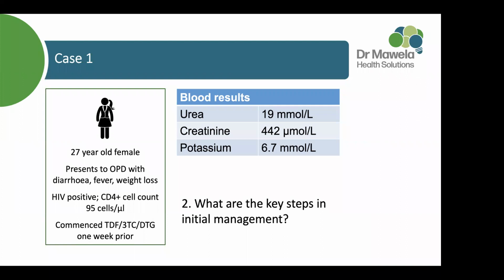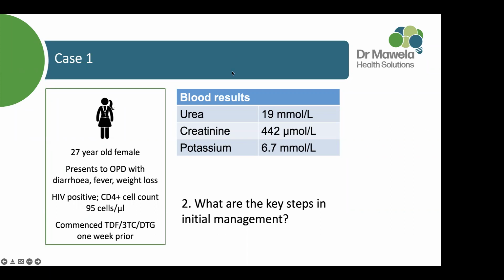So looking at our patient here, we'll still discuss the issue of acute or chronic shortly. If you see a patient like this presenting with diarrhea, she recently started ARVs, her urea is 19, her creatinine is 442, and she has a potassium of 6.7, which is high as well, right? What are some of the things you might want to do?